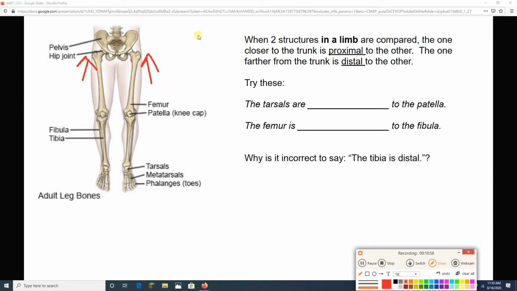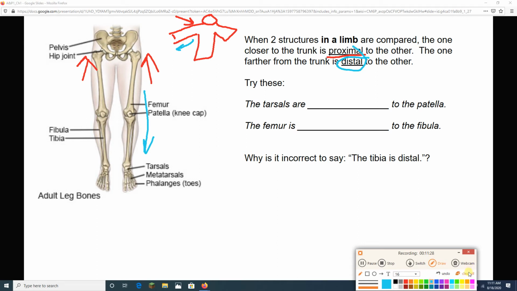Or if we were doing an arm, something that is closer to the shoulder. If something's closer to the hip or closer to the shoulder, we say it is proximal. If something is farther from the hip, farther from the shoulder, we say it is distal.